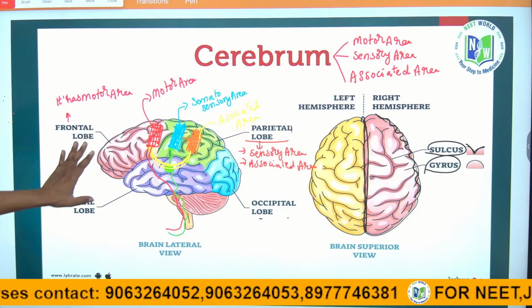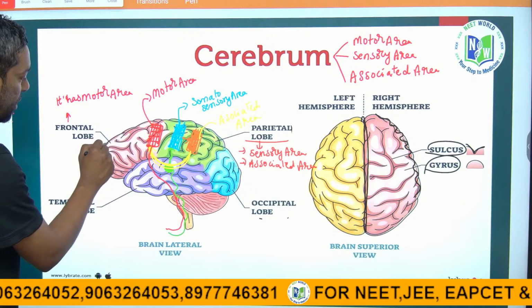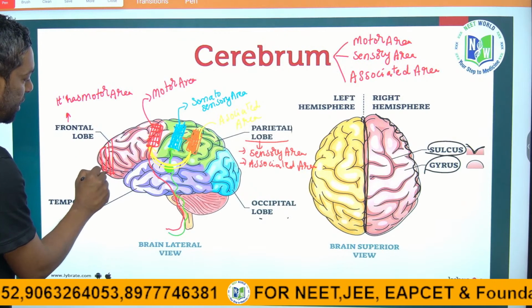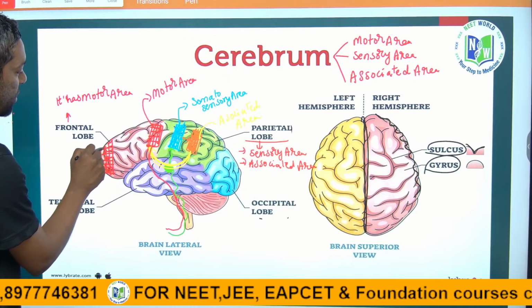What about this? This is the forebrain, the front side of the cerebral lobe.